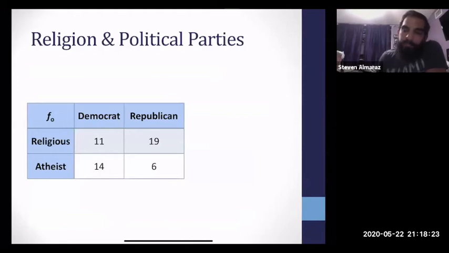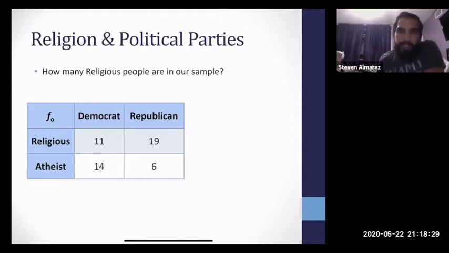What's next? Well, how many religious people are in our sample? If we want to know that, then clearly here we're only asking about one variable. We're not asking about Democrat versus Republican. So I'm going to add these two up, and I get 30. 11 plus 19 equals 30. How many atheists?